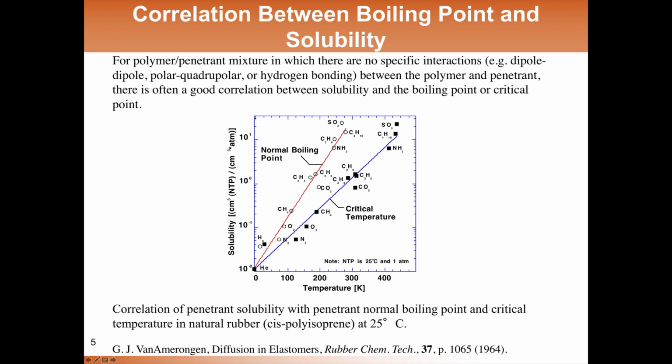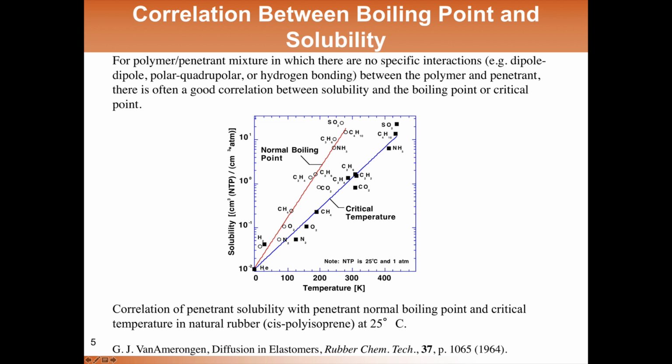A related correlation, which I find very useful, is critical temperature, and solubility often scales very well with critical temperature. Both of these correlations show an almost straight line relationship between solubility and critical temperature. And as we'll see in just a moment, critical temperature is another indicator of the condensability, if you will, of a gas.